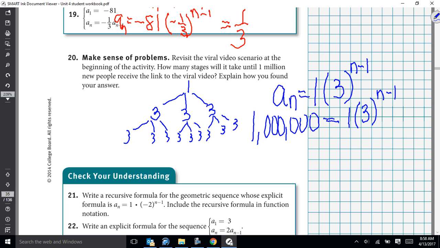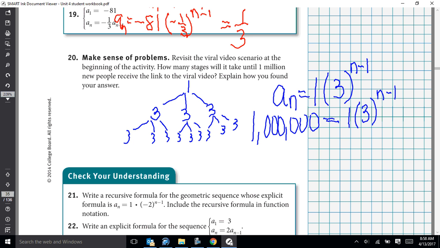So at what number, 3 to what number gives us something of at least 1 million? We don't have an operation to undo an exponent, do we? Well, how do we undo a square root?